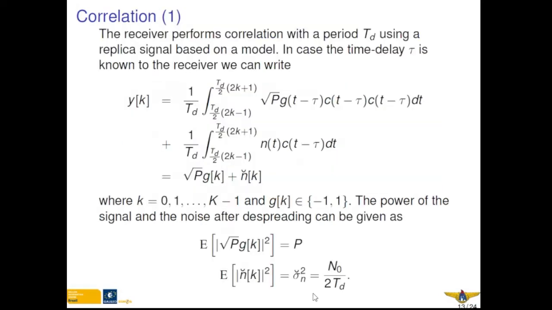Yeah, correlation. In order to separate the different satellites in the receiver, we will apply correlation. The receiver performs correlation with a period T_D using a replica signal based on a model. In the following, we will assume that this model is equivalent, so the model of c is exactly equivalent to c.